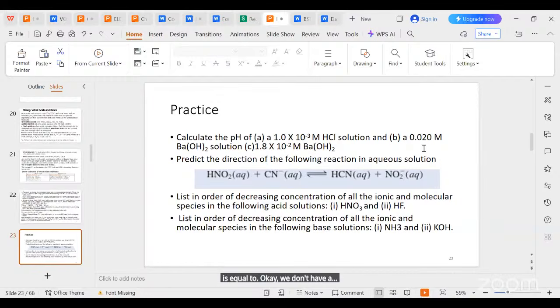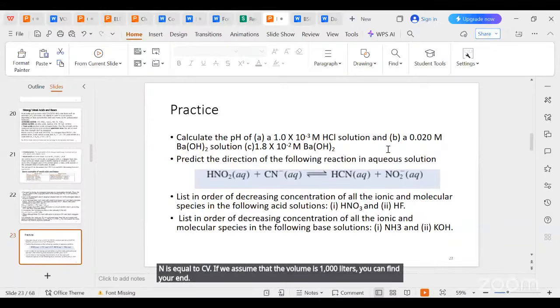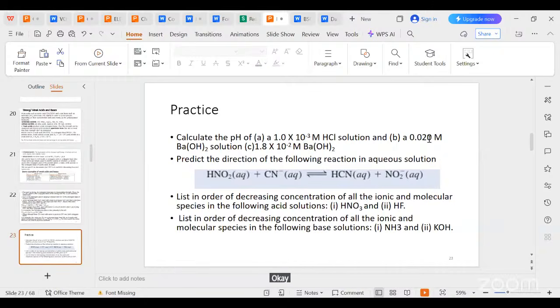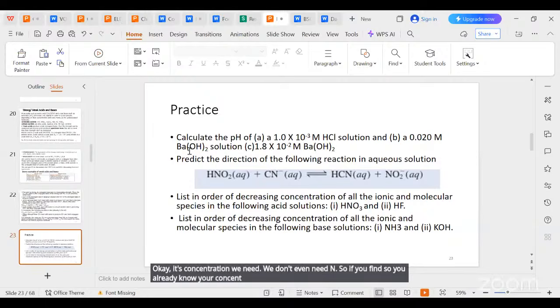N is equal to CV, but we don't even need N, it's concentration we need. You already know your concentration. 2 times this will give you your concentration of OH.